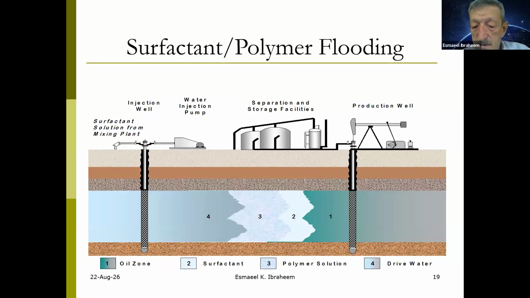You inject surfactant, then you inject the polymer solution, and then you push by water, because this situation prevents the surfactants from degrading and not doing the job as it is meant to.